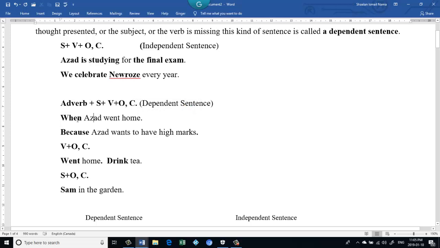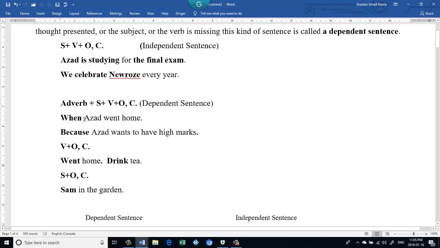Here, if we look at it, we see in the beginning we have when, which is an adverb. Then we have the sentence. If we keep our sentence like this, when Azad went home, the person who is listening to us is waiting for us to give more information about when Azad went home.